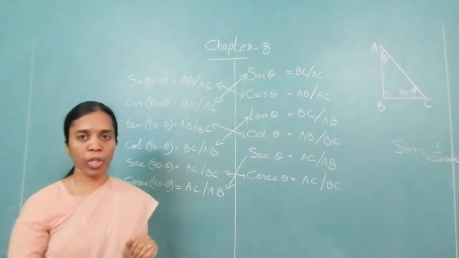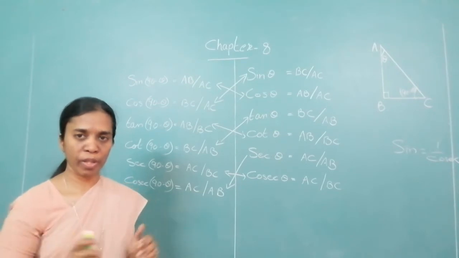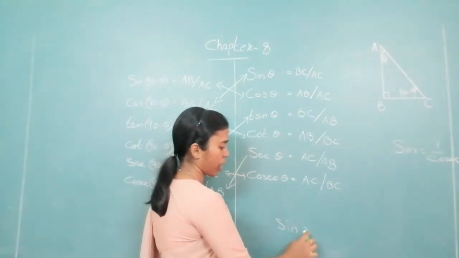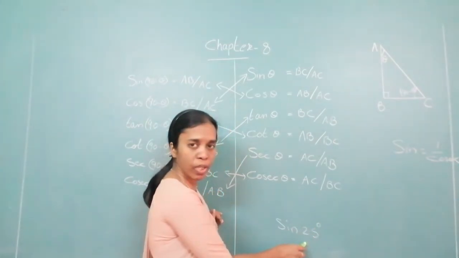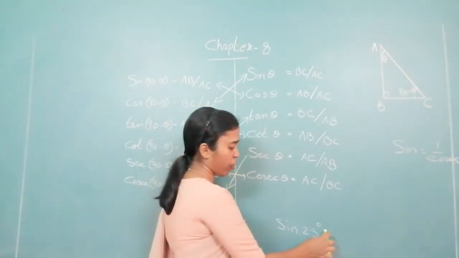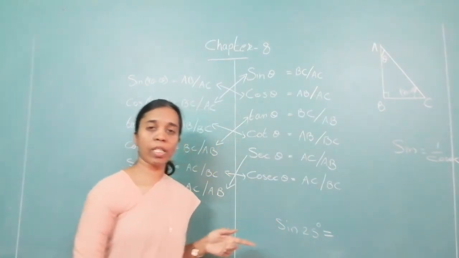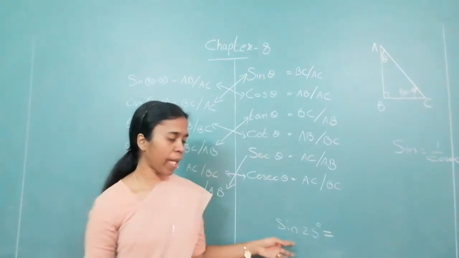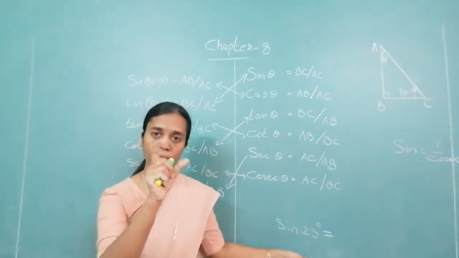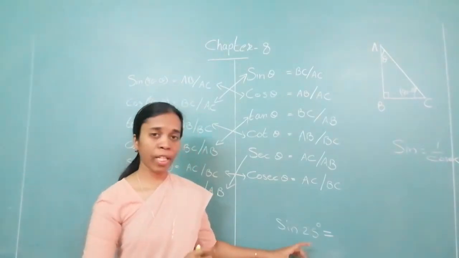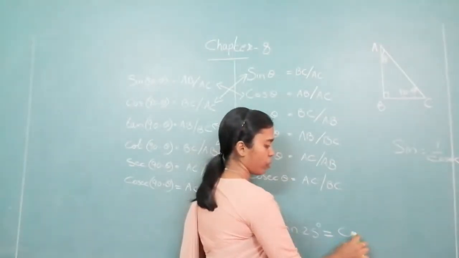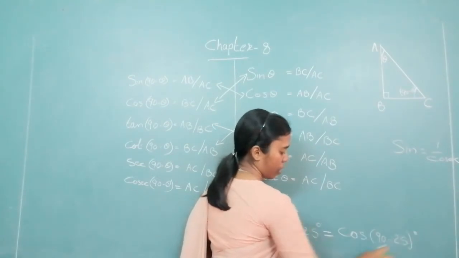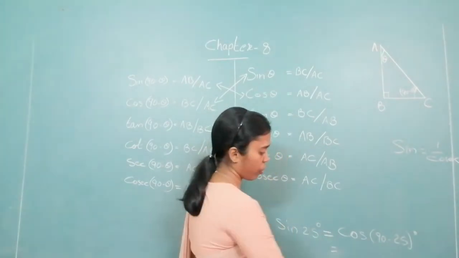Now what is the meaning of this? Suppose you are given theta is equal to 25 degrees. So instead of theta I write 25 degrees: sin 25 degrees. Suppose you want to write it in terms of cos. How do you write it? Sin theta is equal to cos 90 minus theta. So sin 25 is equal to cos of 90 minus 25 degrees. Now how much is 90 minus 25?